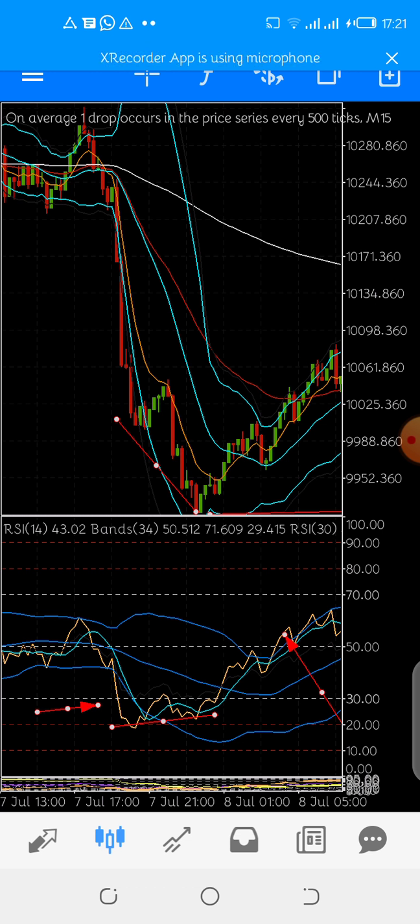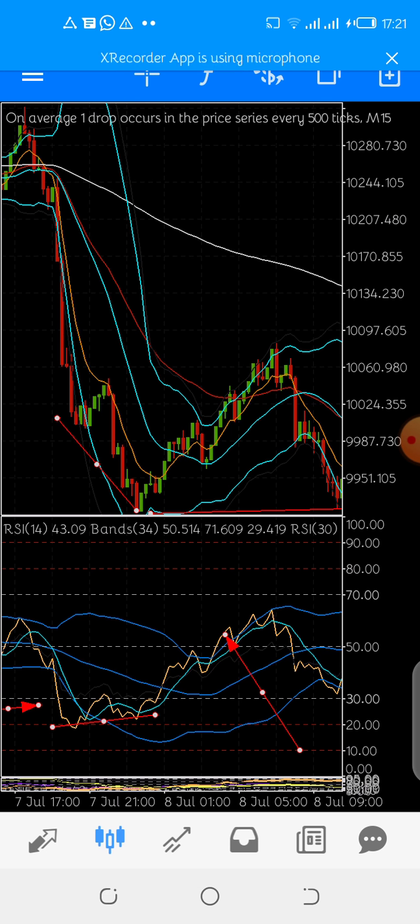Okay, but now for this tutorial specifically, I want us to focus on how to use a TDI to catch spikes, spikes going down for some time.